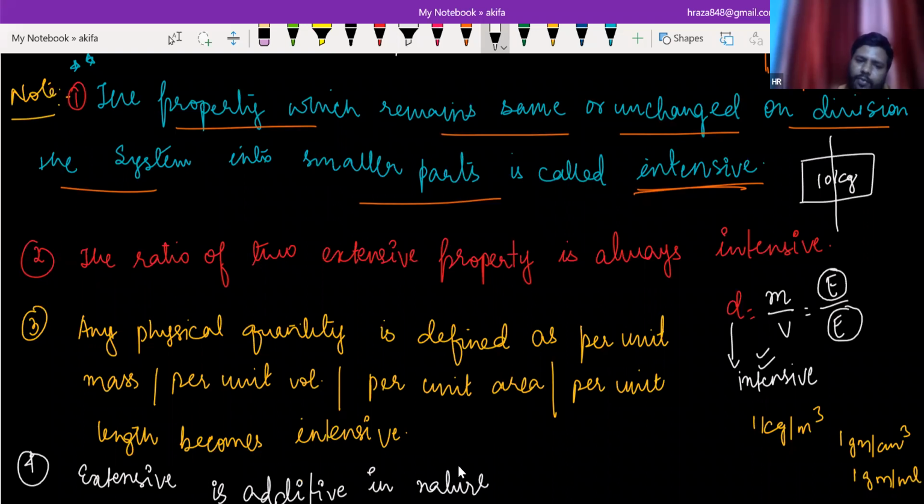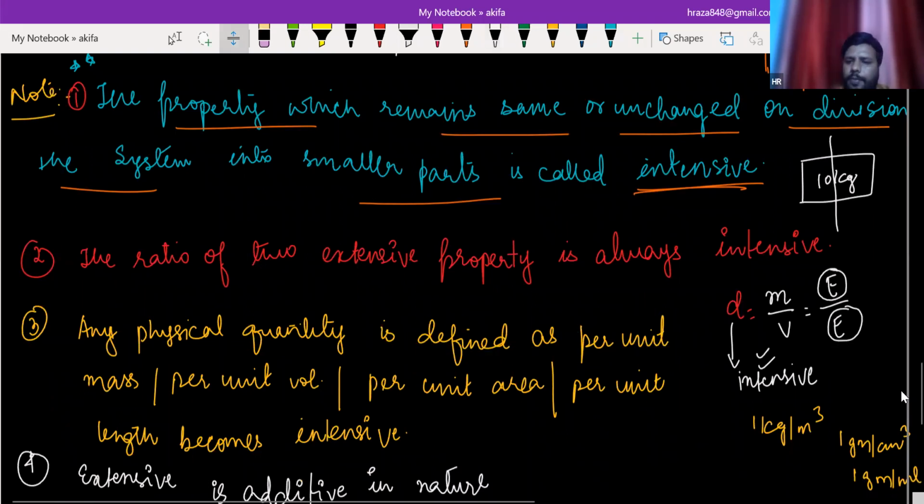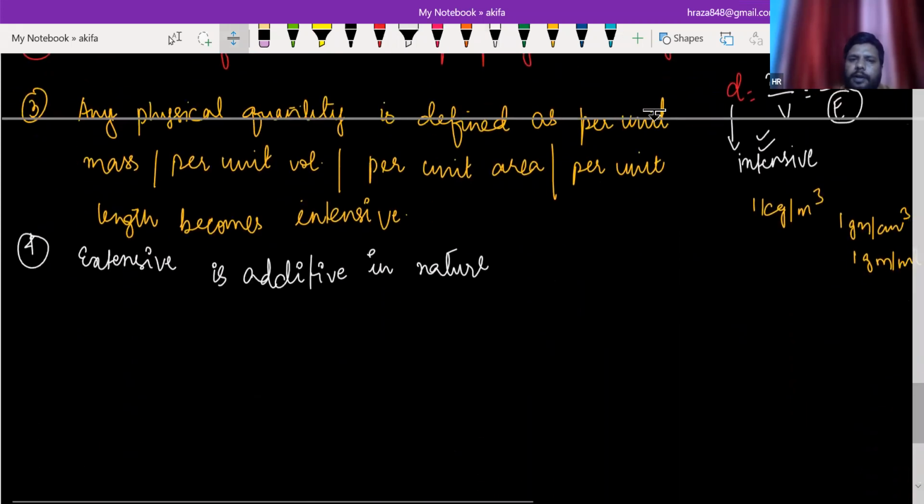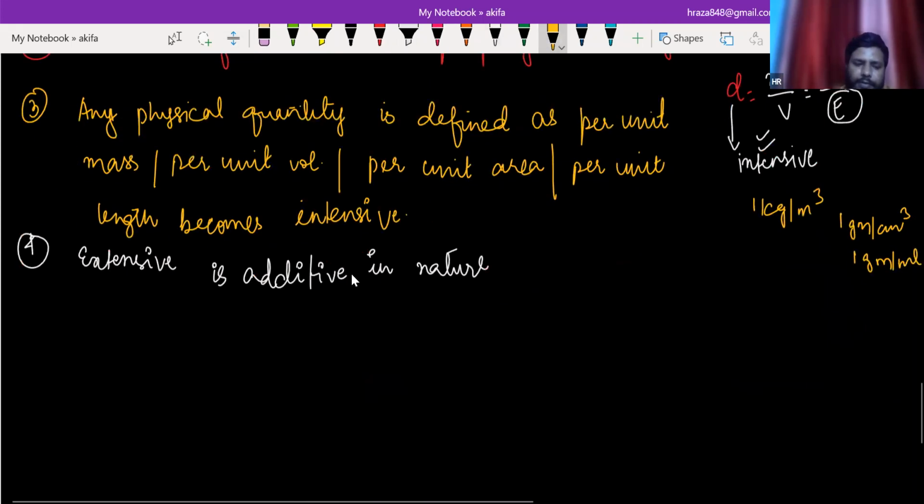Additive in nature means if you add volumes, 5 plus 5, it will be 10 liter, and 10 liter plus 5 liter will be 15 liter.